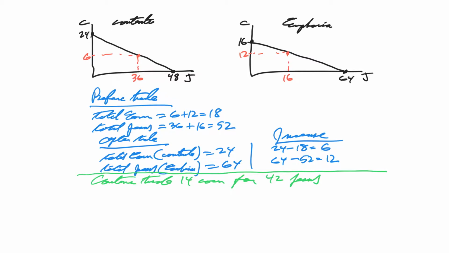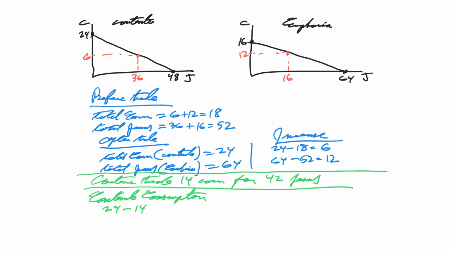So, Contente's consumption. Contente is producing 24 corn.